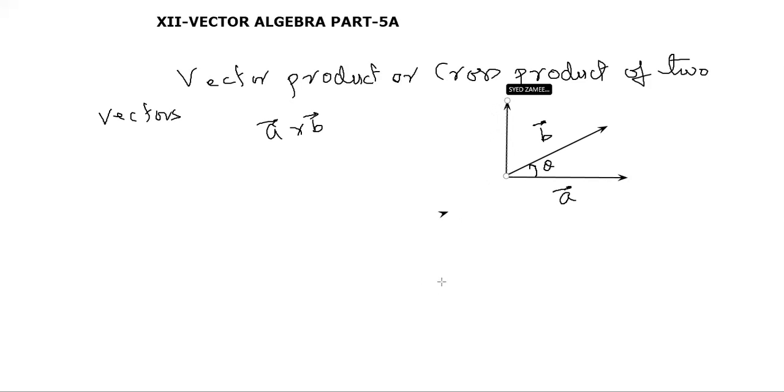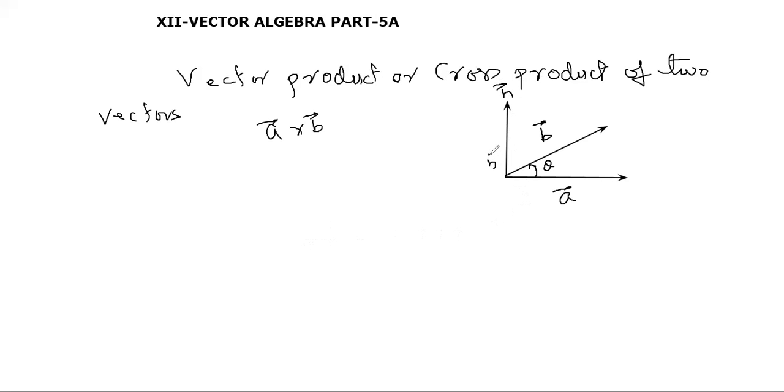This is coming from the right hand screw rule. Right hand screw rule means when we put our palm in the direction of A and curl our fingers, then our thumb will move upward.